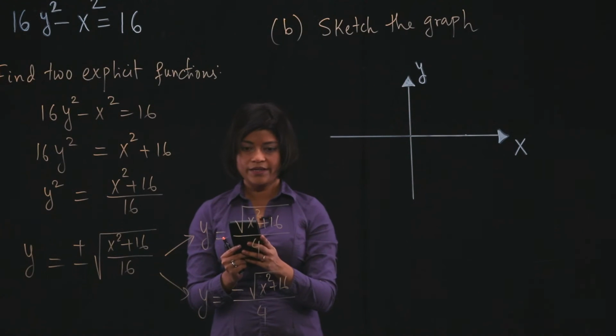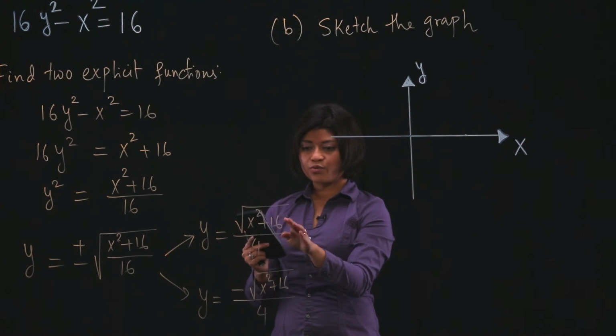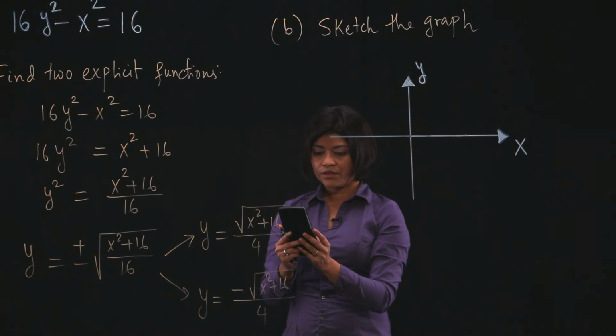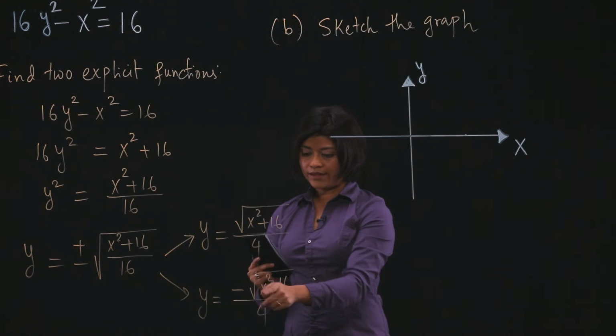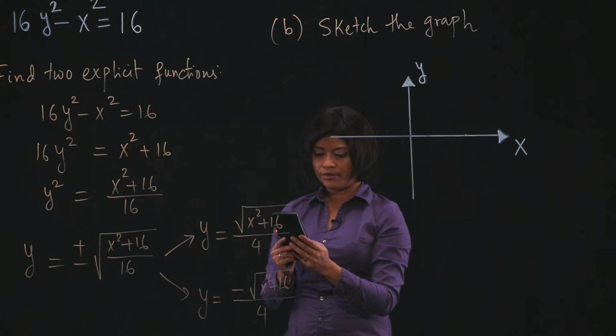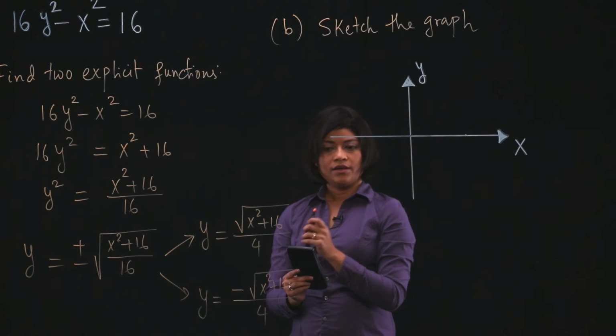For the first one, plug in the square root of (x² + 16). Make sure that both terms are inside the square root. Divide by 4. And the next one is the negative of the same expression. Then graph.